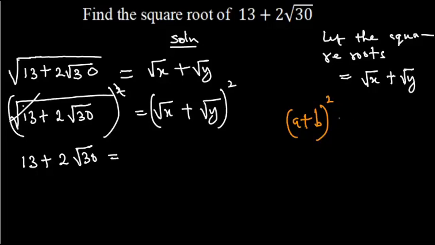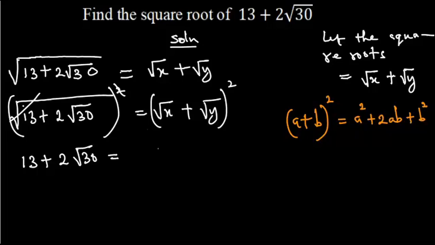Expanding this, you square your first term a, then plus twice the product of a and b, that is 2 times a times b, and then lastly, you square the b term. So this is the well-known identity, so let's apply it here.